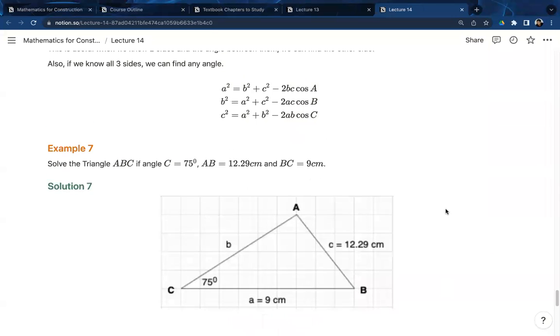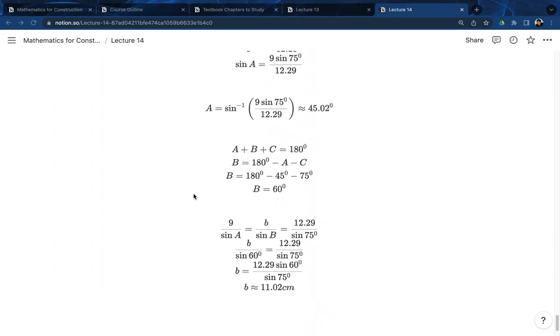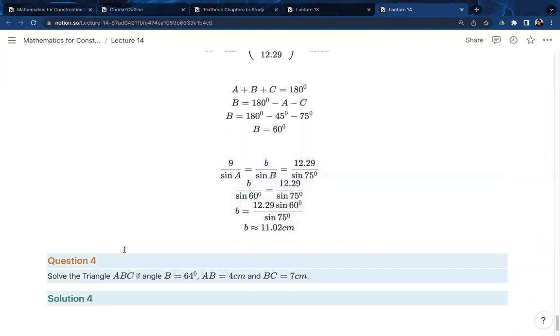So how about a different example, right? So this was example 7 and solution 7. We'll do example 8.